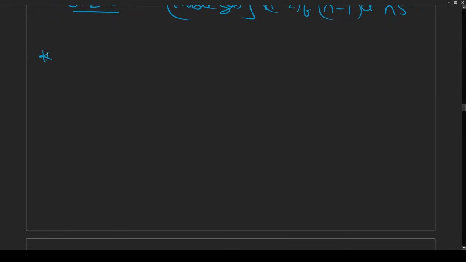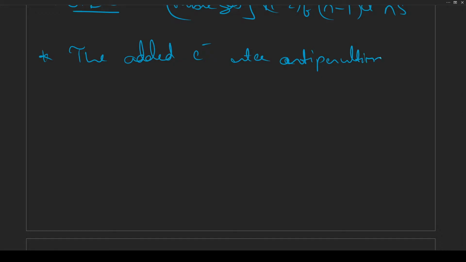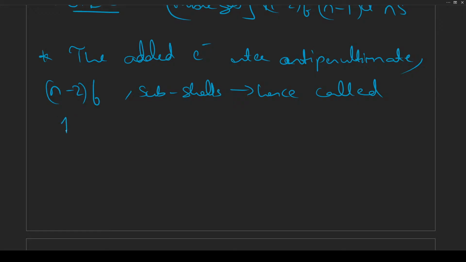They are called inner transition elements. Why are they called inner transition elements? Because the added electrons enter the anti-penultimate n minus 2 f subshells, hence called inner transition elements.